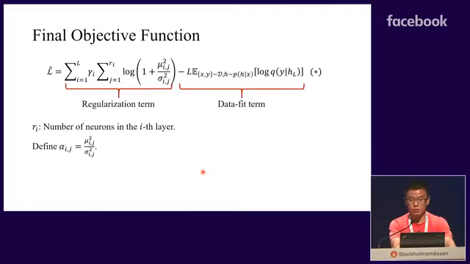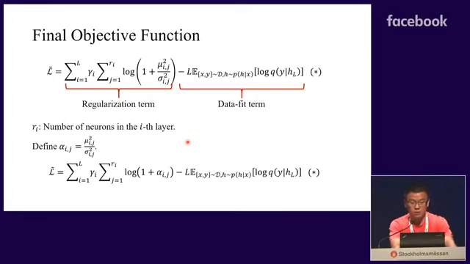It is composed of two terms: a regularization term that tries to compress the network, and a data fit term that tries to give a high accuracy prediction. And for later convenience, we define alpha_ij as the ratio between mu_ij squared and sigma_ij squared. So the final objective function can also be written like this.